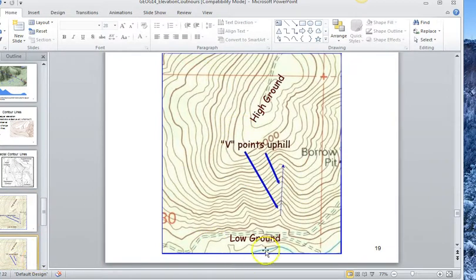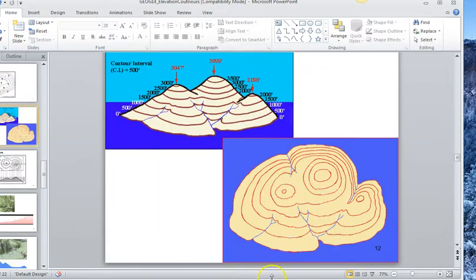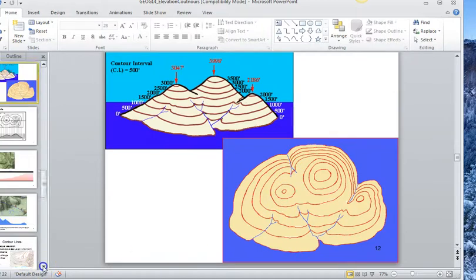The other thing is that the little points, or the V's, often point uphill. If we go back to that island profile here, you can see those streams are running downhill, but you can see those little curves, little nick points or little uphill arrows that point upstream with contour lines.